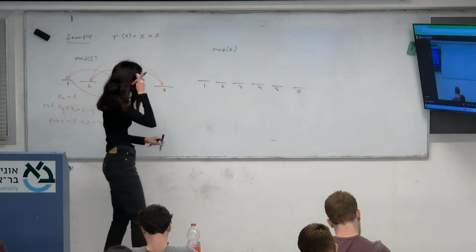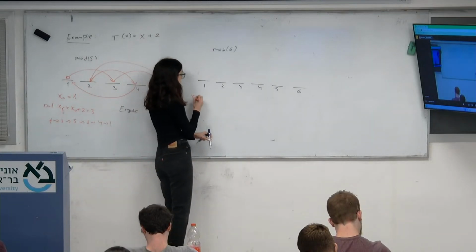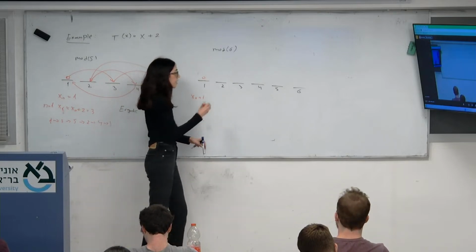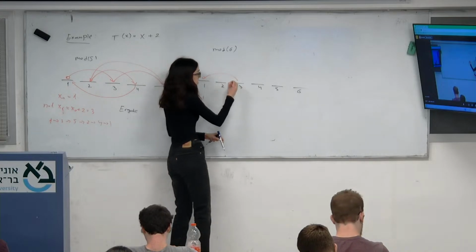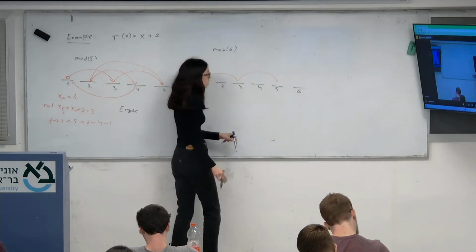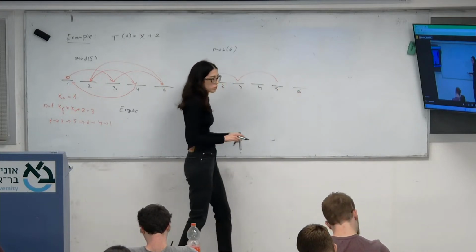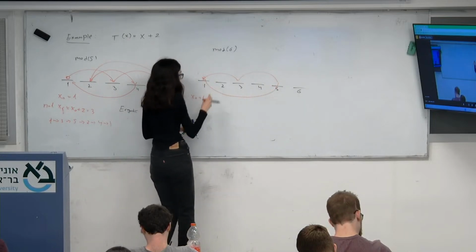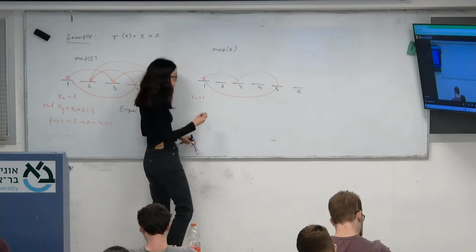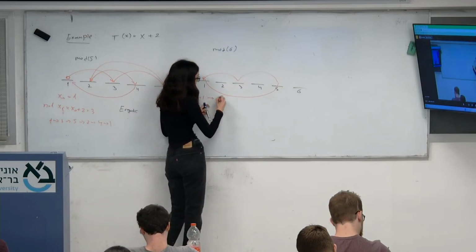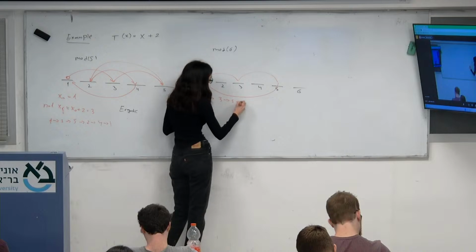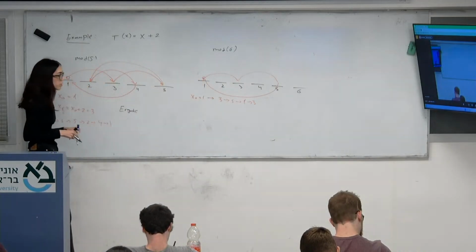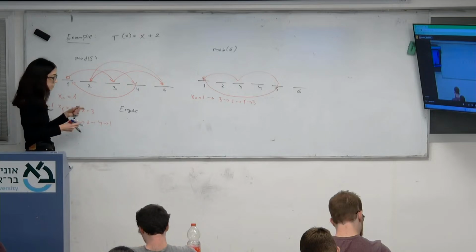Okay, if we start with x0 equal 1, so we start here, the particle is going to jump to 3, then to 5, and then it's going to jump back to 1, because this is even, and then from 1 to 3 to 5. So it's 1, 3, 5, 1, 3, etc. So we're only going to visit the odd sites in the system.